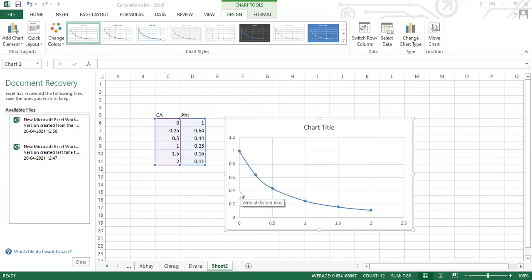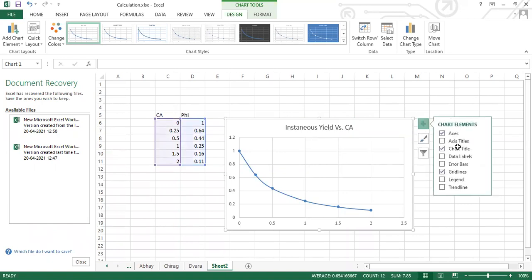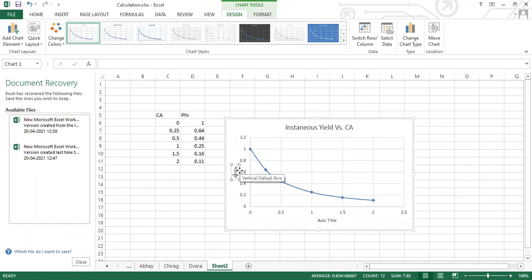So here is psi versus CA. It's not phi, it's psi. I did not add psi here, so I only write psi.